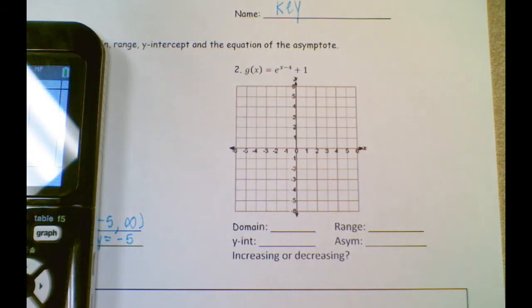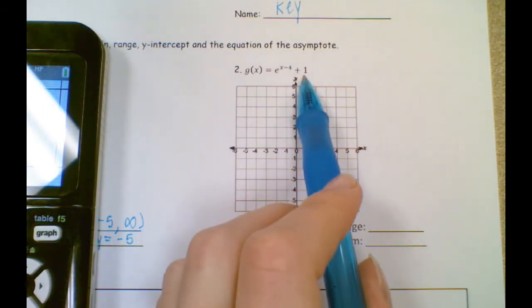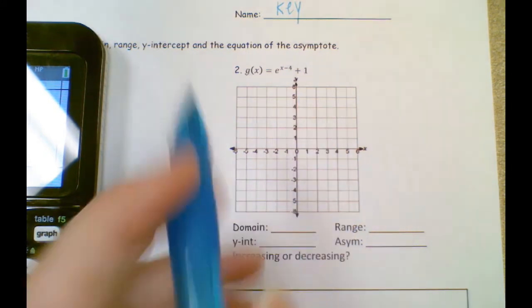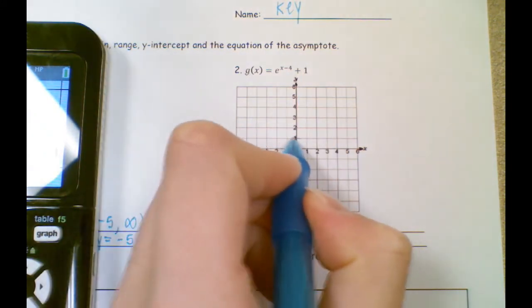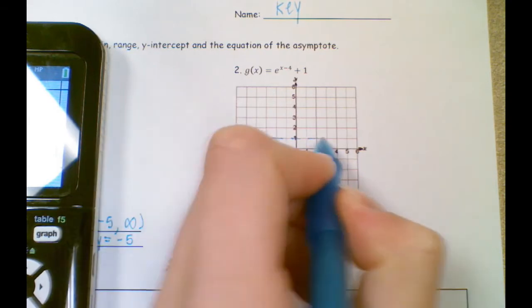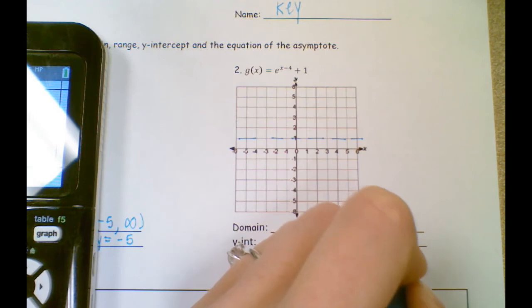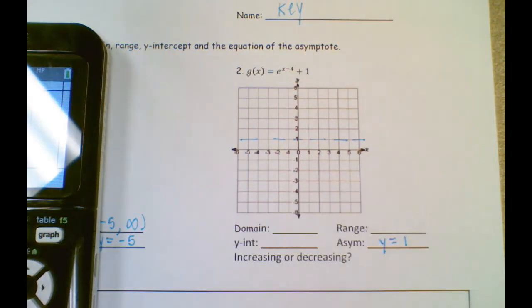So it looks like my function is going to be moved up 1 if we think about the transformations. So that plus 1 is actually where my asymptote is. So y equals 1. All right, and then let's go ahead and graph that.